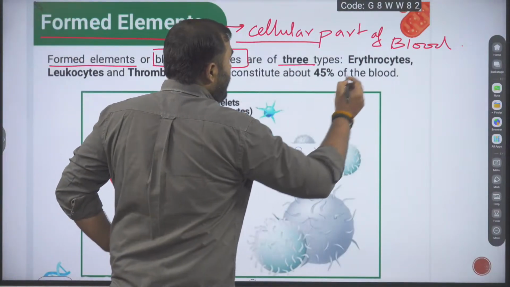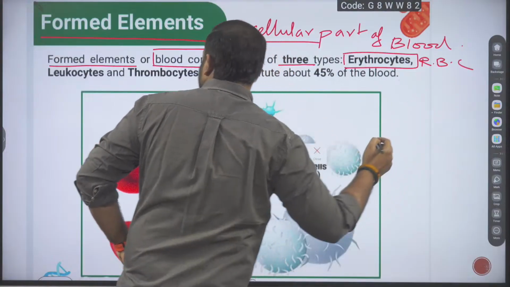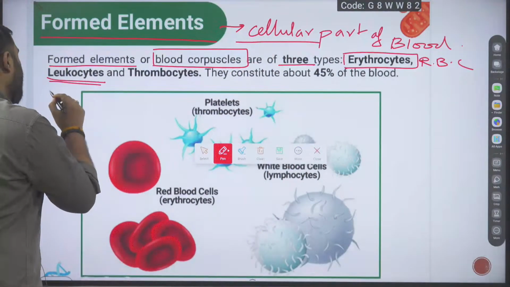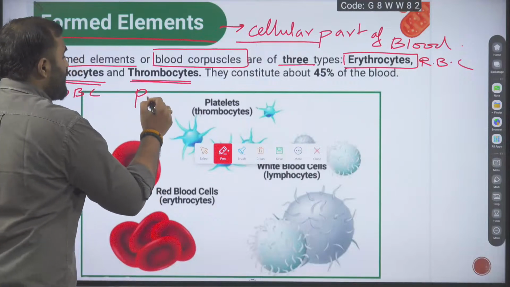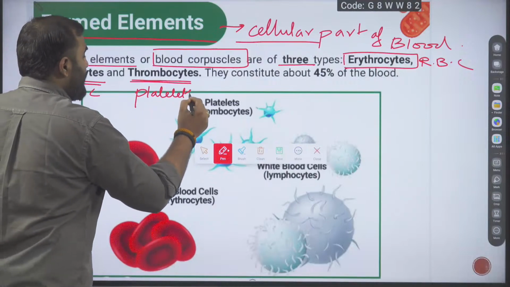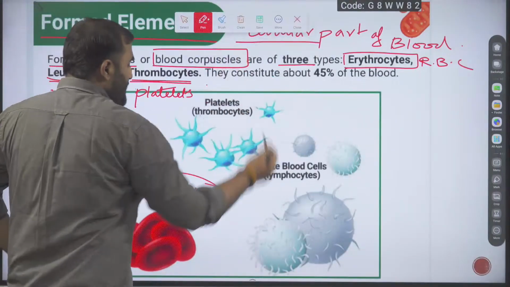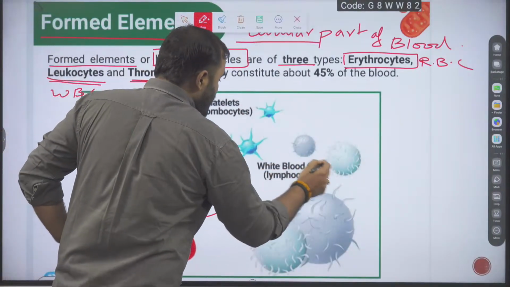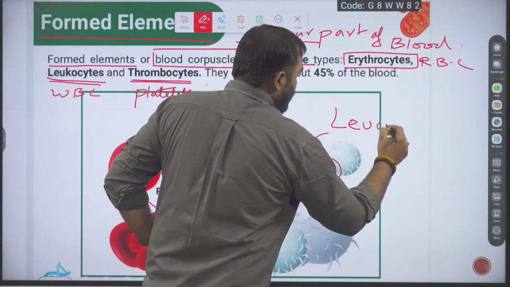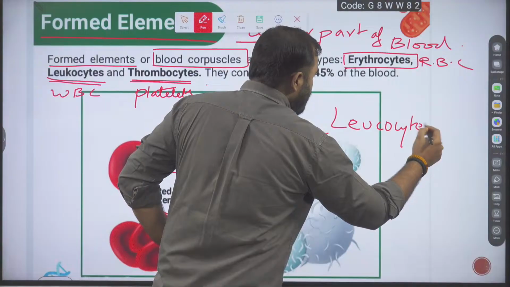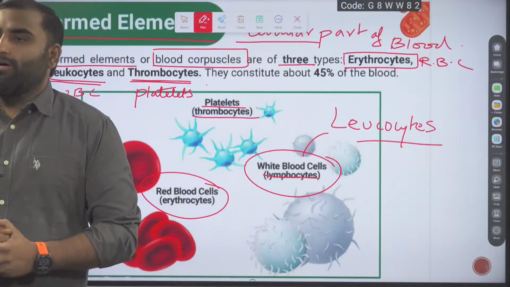There are three types in total. First is the erythrocyte, that is your red blood cell. Then we have the leukocyte, the WBCs, and then we have the thrombocytes, which are the platelets. So which are the three? RBCs, erythrocytes; WBCs, known as leukocytes; and platelets, called thrombocytes.